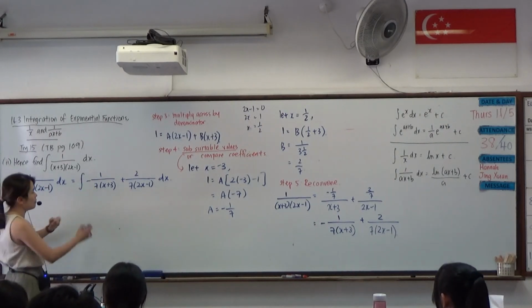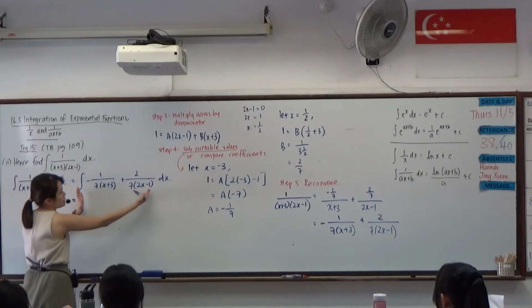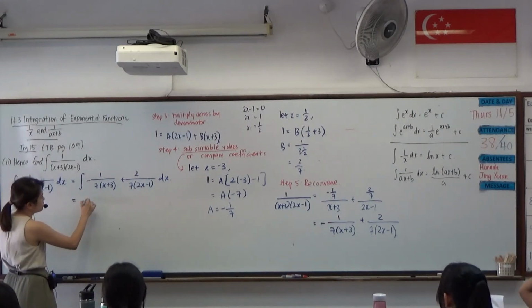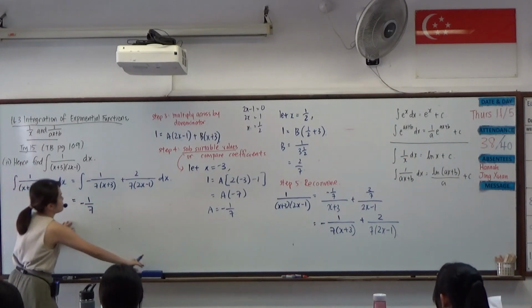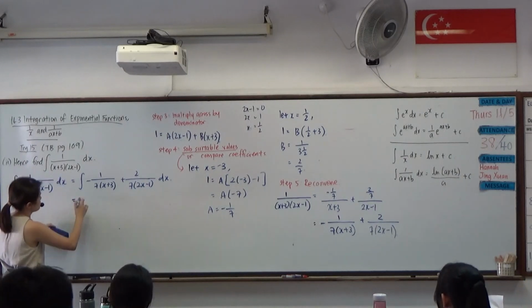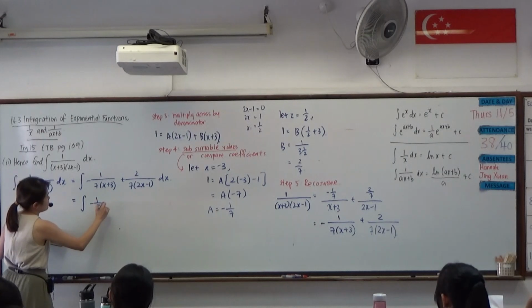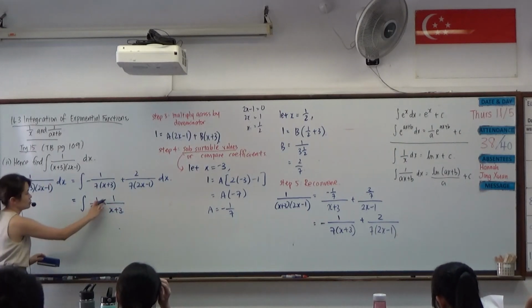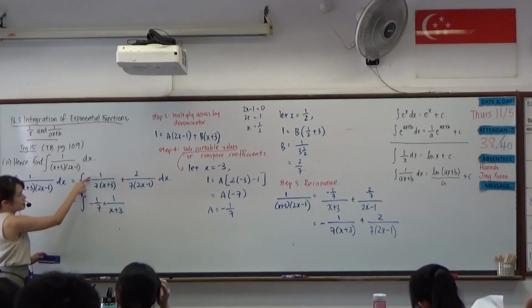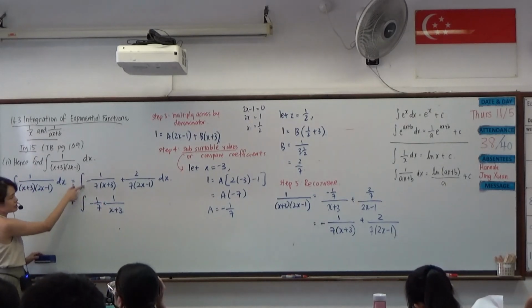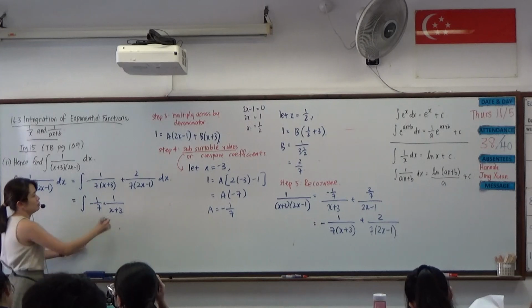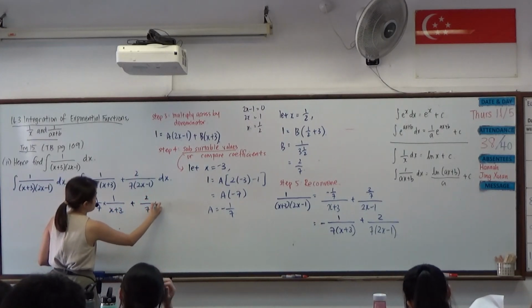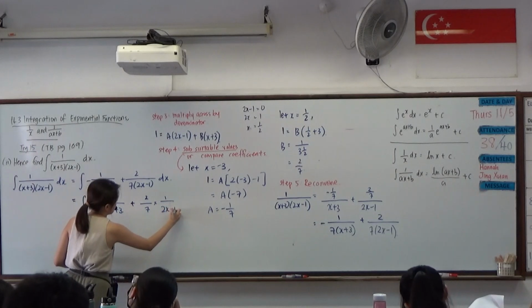So I want to help all of us see that integrating these two fractions here is the same as thinking of it as though we take out the negative 1 over 7 and multiply it with 1 over x plus 3. I want you to see that this and these fractions are equivalent to each other. Likewise, for the other fraction, it is the same as 2 over 7 multiplied with 1 over 2x minus 1.